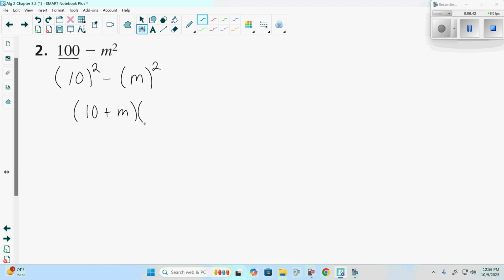So we get 10 plus m times 10 minus m. Now we could flip it around and have m go first in each set of parentheses. Don't have to, we can leave it as this here. Questions on this here?